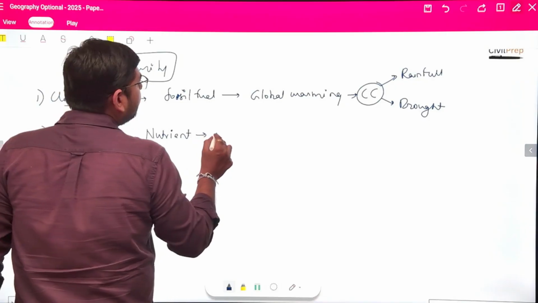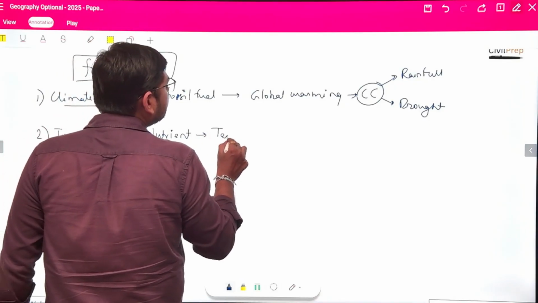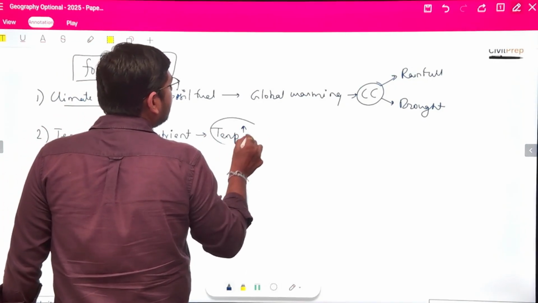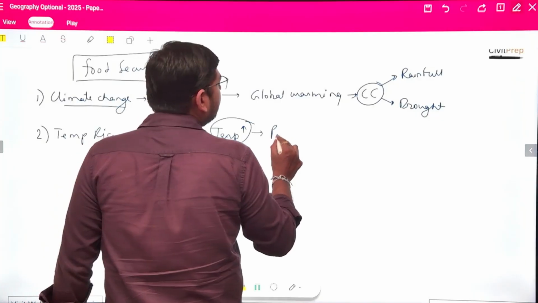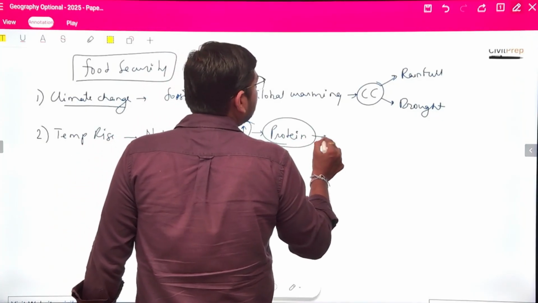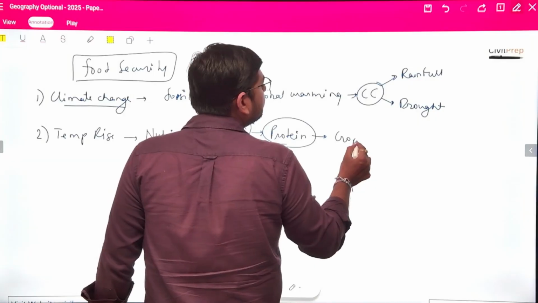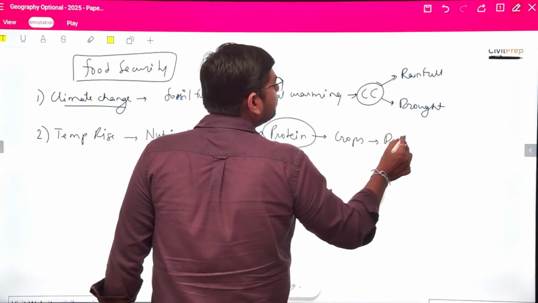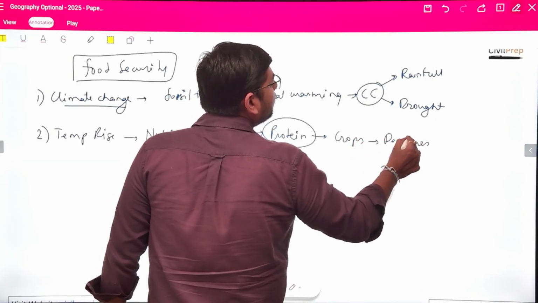It is said that with the rise in temperature, the protein intake by the crops declines.